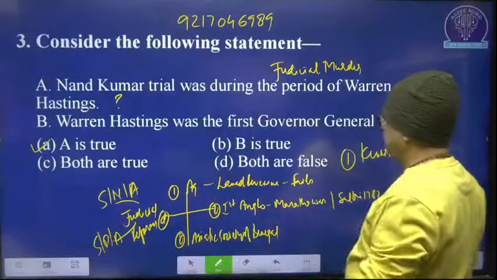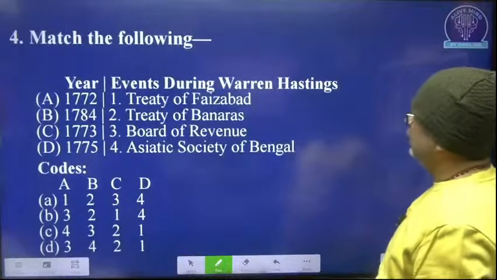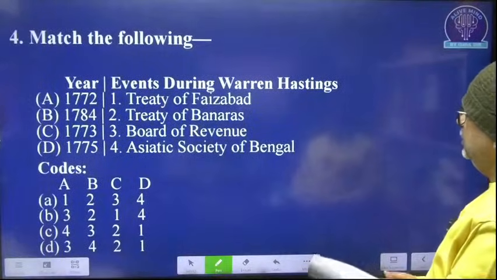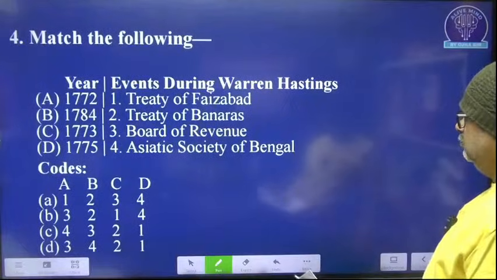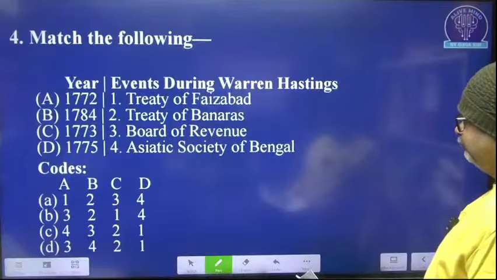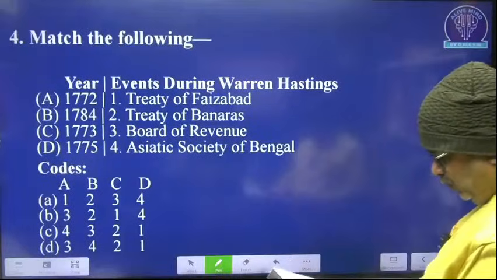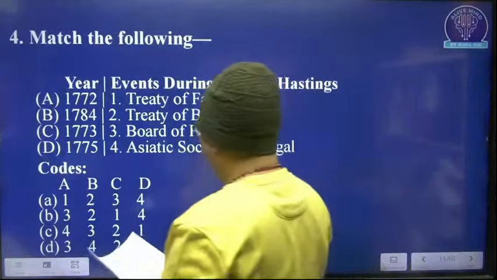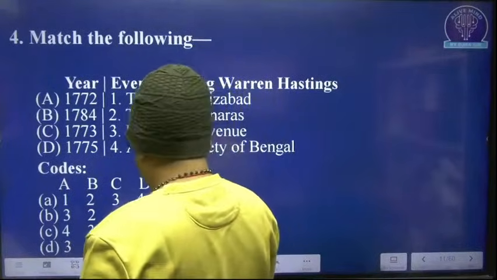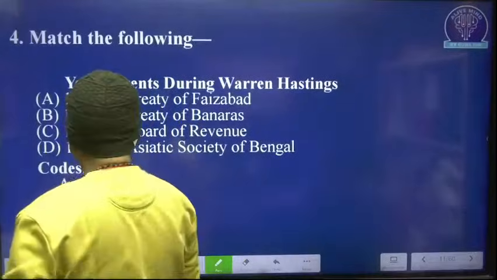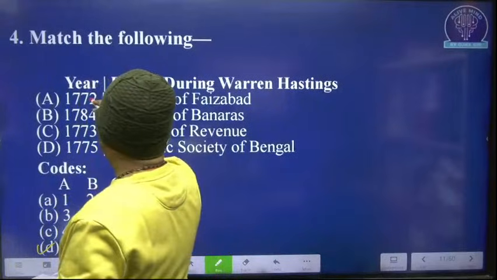So this is the question, third. This is called 1:4. Fourth, match the following. Now this is very important. Events, year and events during the time of Warren Hastings. 1772 Board of Revenue.